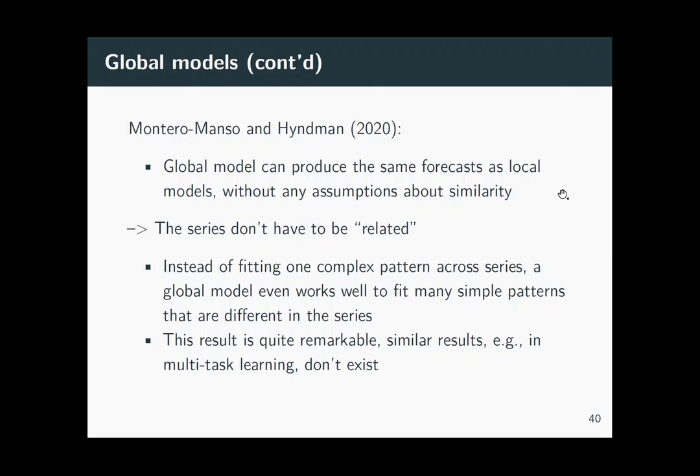People before always thought, well, I need to be good on every series, and that's what I do with the local models. And now in the end, I average to see what I get. No, if what you in the end are optimizing for is the average error across all your series, that's what a global model can do for you. If you're interested in only the error of 5 series out of your 10,000 series, the global model might not do what you hope it does, right?